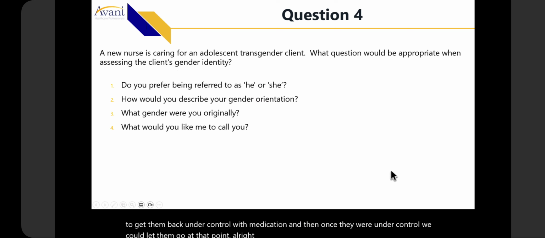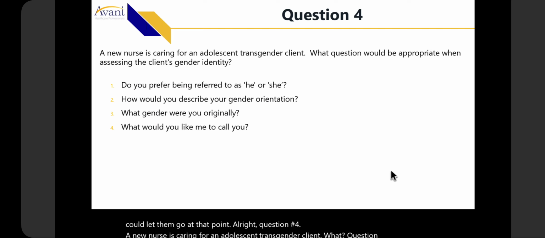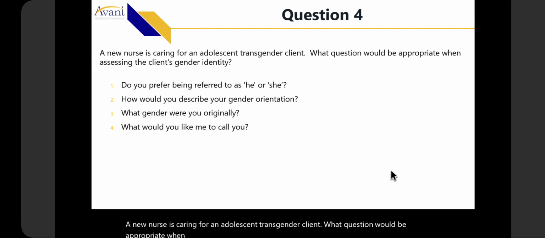All right, question number 4. A new nurse is caring for an adolescent transgender client. What question would be appropriate when assessing the client's gender identity? Should the nurse ask, number 1, do you prefer being referred to as he or she?